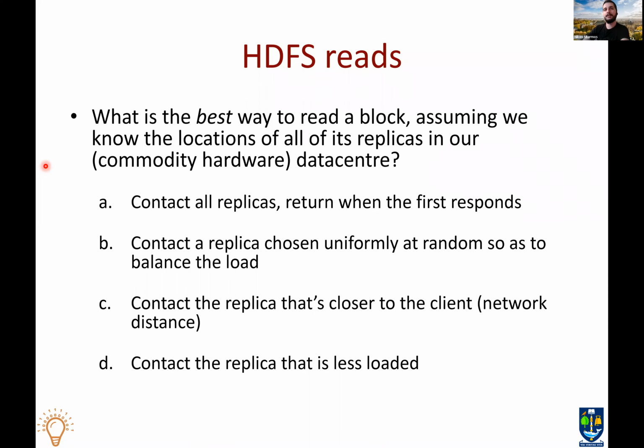The main difference here being that D requires you to either contact all of the replicas to see which one is the least loaded, or to have that information stored somewhere, let's say at the name node, so that you can go to the name node and get that information. Whereas B tries to achieve this in a probabilistic manner. So no guarantee that you will hit the least loaded replica.